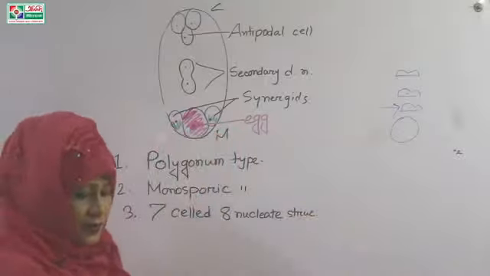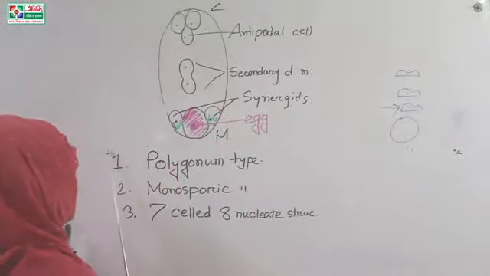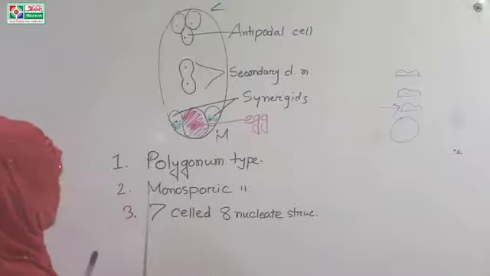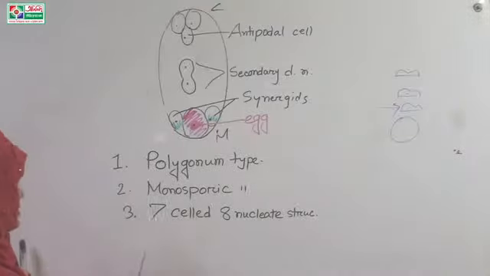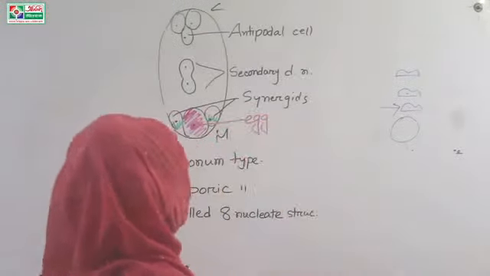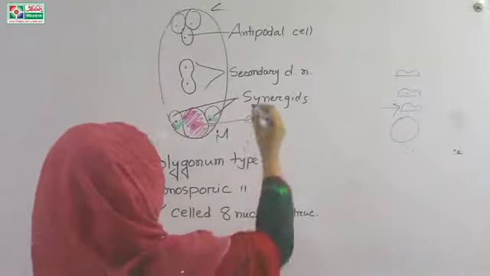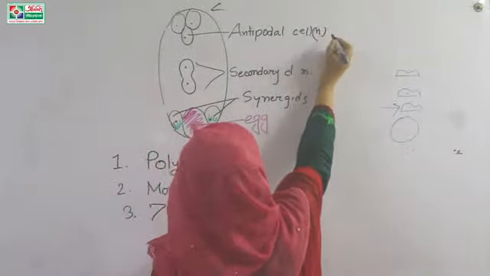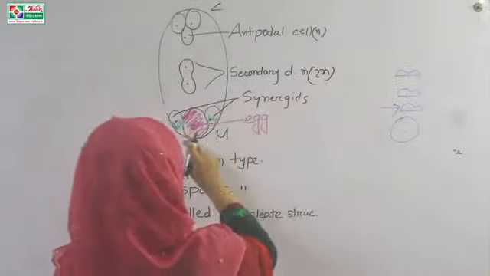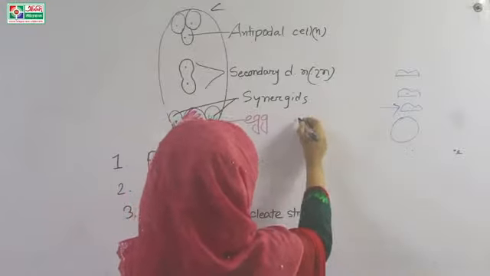So, in brief, our female gametophyte is polygonum type, monosporic type, and seven celled, eight nucleated structure. And what about the number of chromosomes? Antipodal cells are n, the secondary diploid nucleus is 2n, and the synergids and egg are all n.